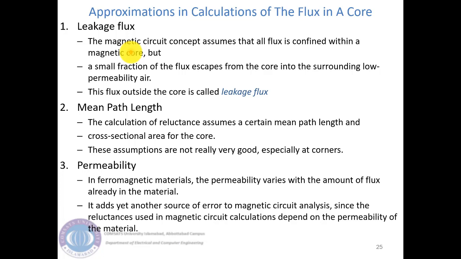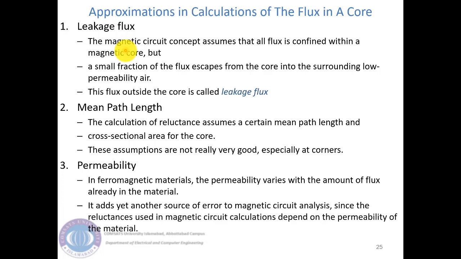So sometimes we assume that there is no leakage flux and neglect it because it's very negligible. If we have very good ferromagnetic materials, then the results will be within plus minus 2% or maybe 3% of the actual values.